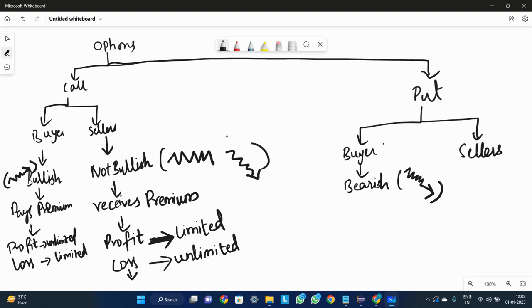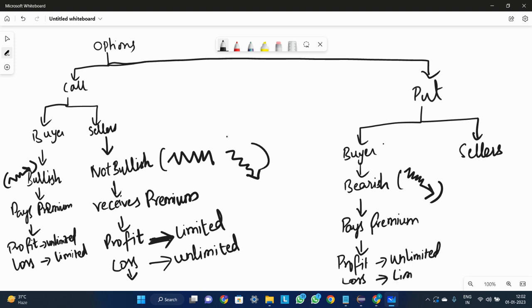So a put buyer is basically bearish, and obviously, as he's a buyer, he pays a premium, right? What about the profit? The profit is also unlimited, similar to the call buyer, but the loss is limited again in this case. As simple as that. What about a put seller? A put seller is not bearish, because he believes that the market will be sideways or it will go up.